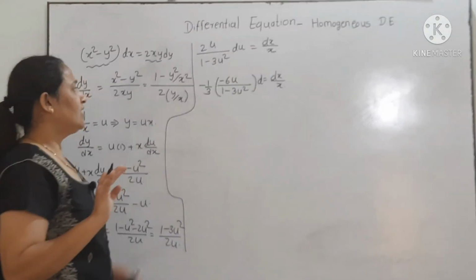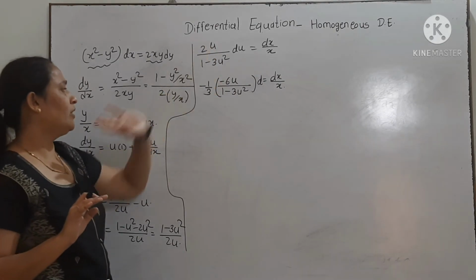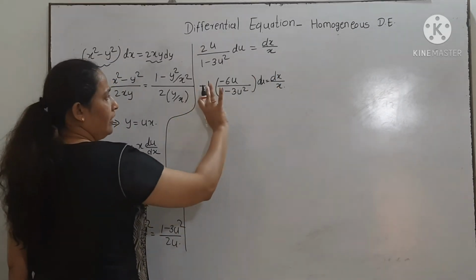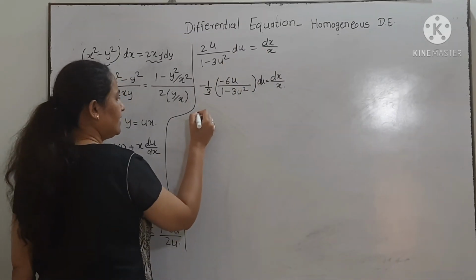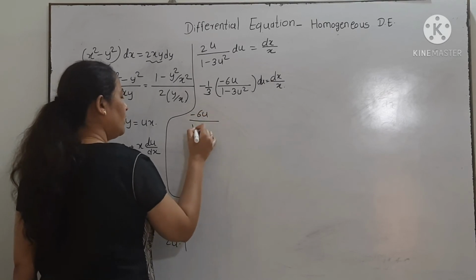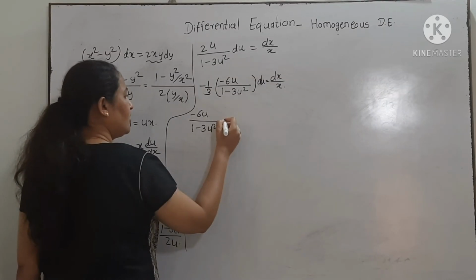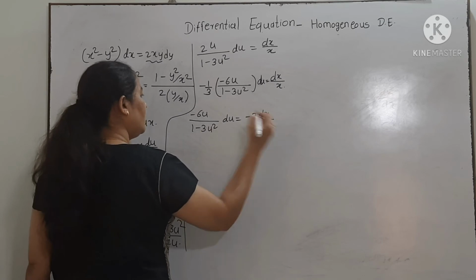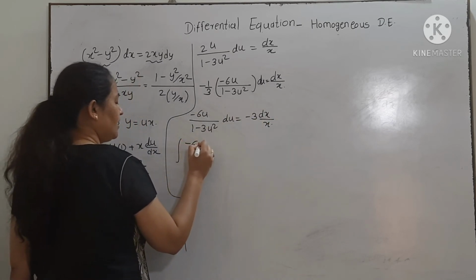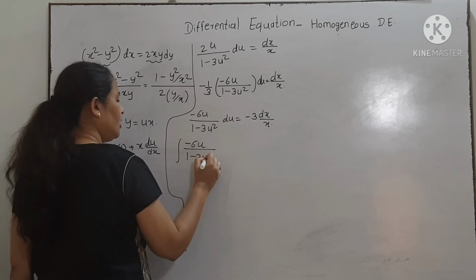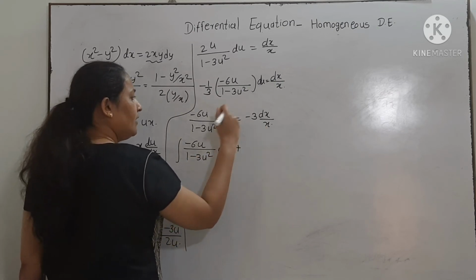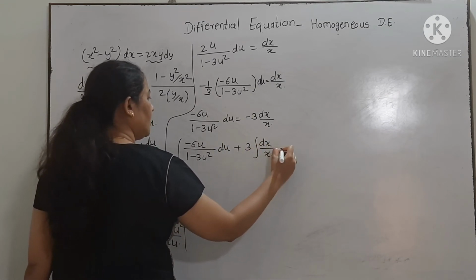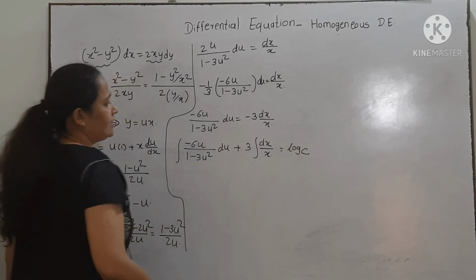I have not made any changes: minus minus plus, 6 by 3 is 2, so the equation remains the same. If I transfer this minus to the other side, it is 6u upon (1 minus 3u square), minus 3 dx upon x. Now integrate this. The integral of minus 6u upon (1 minus 3u square) du plus, transferring to the other side, the integral of 3 dx upon x equal to, say the constant of integration, log c.